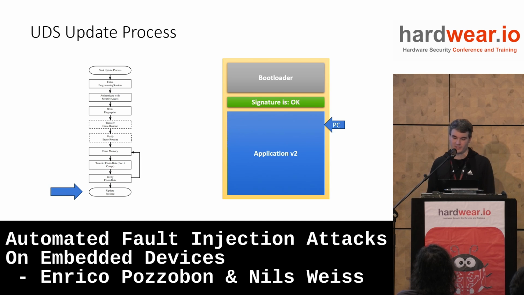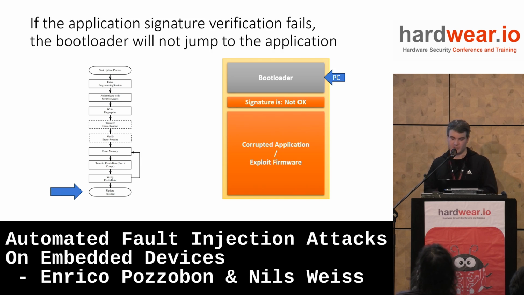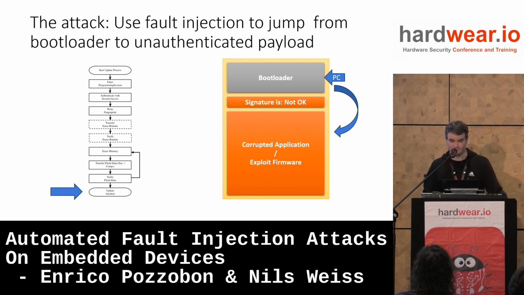And finally, we start running from the application space. And of course, if the verification of the signature fails, this Boolean flag will say that the signature is not valid, and therefore the corrupted application will not run.